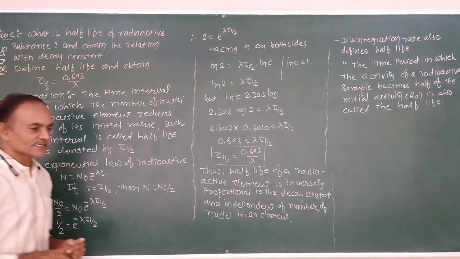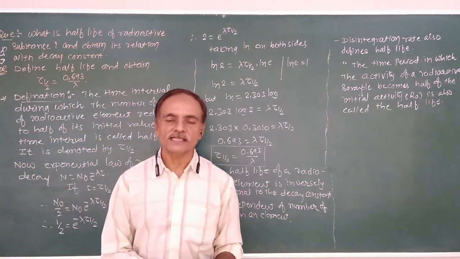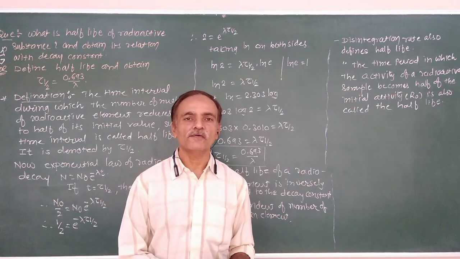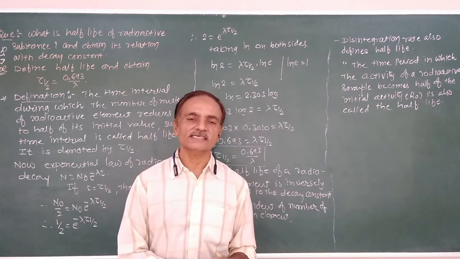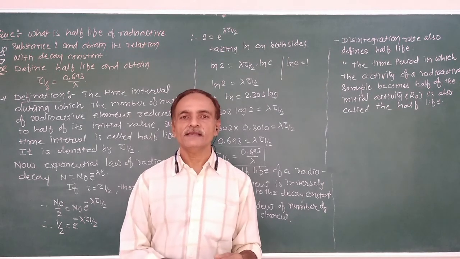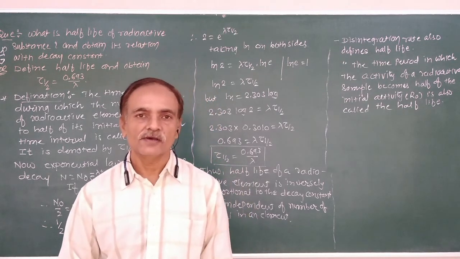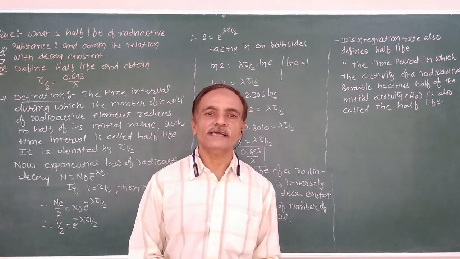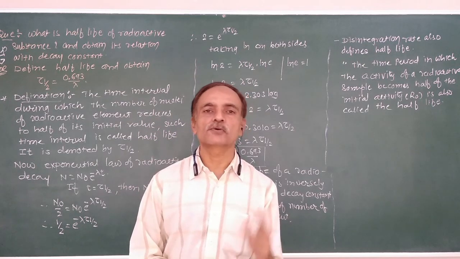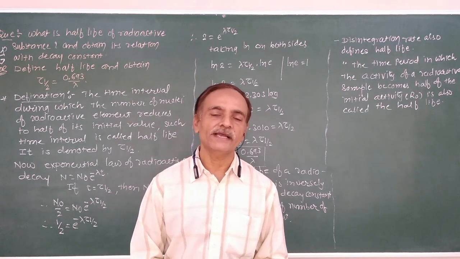Already we discussed the decay curve, that means the graph of number of undecayed nuclei versus time t. From the characteristics of this curve, we can also calculate the rate of disintegration and the half-life of a radioactive sample.